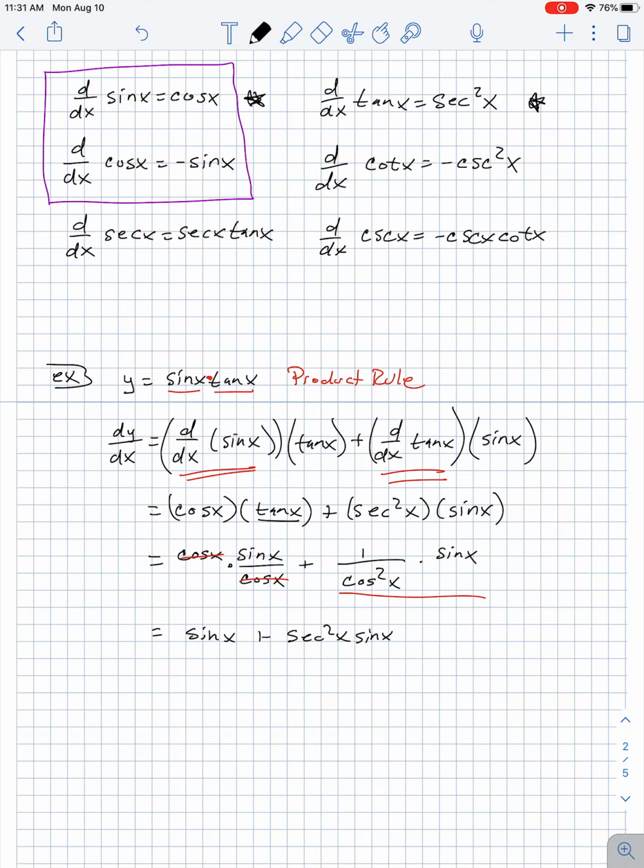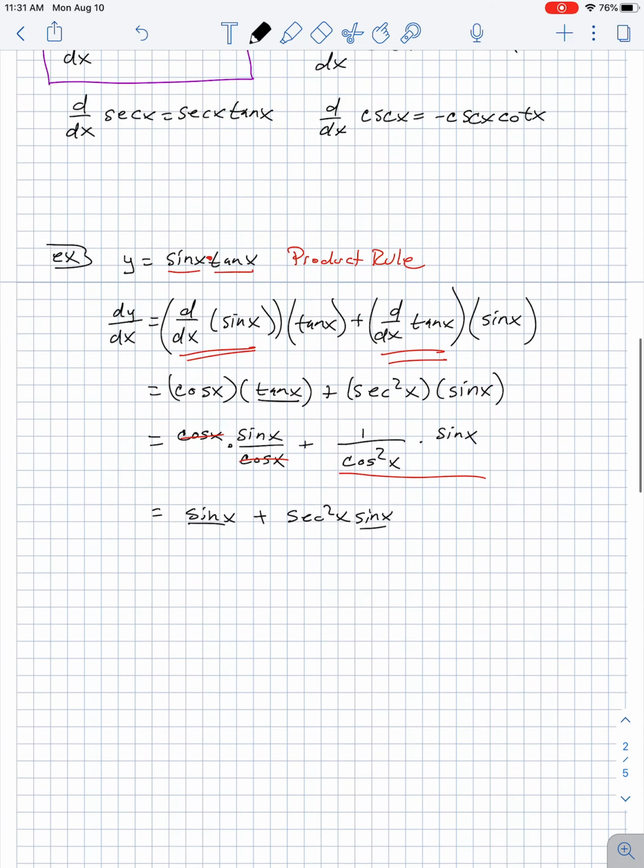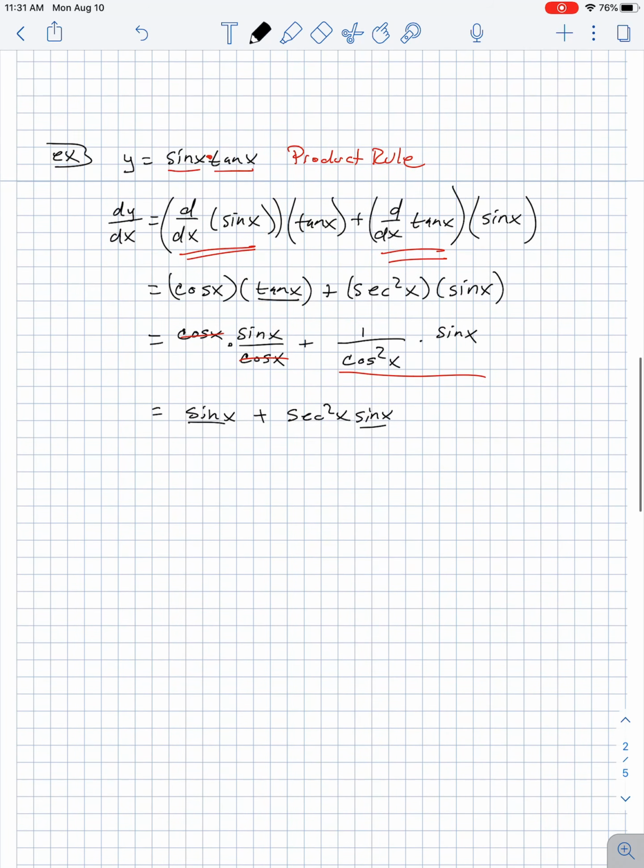Now you can see that each of these have a sine x. If you'd like to factor one out, sorry, my pen glitched. This is a plus. Okay, if you'd like to factor that out, that's fine. My rule of thumb is I only factor if it's going to cancel with something.